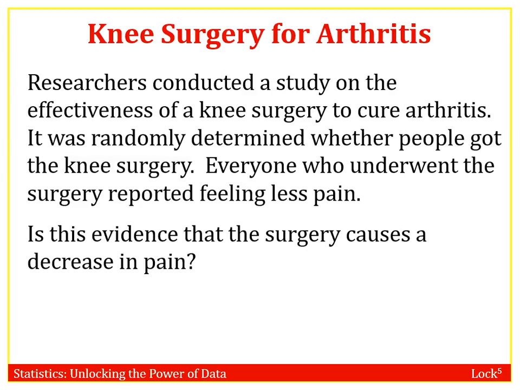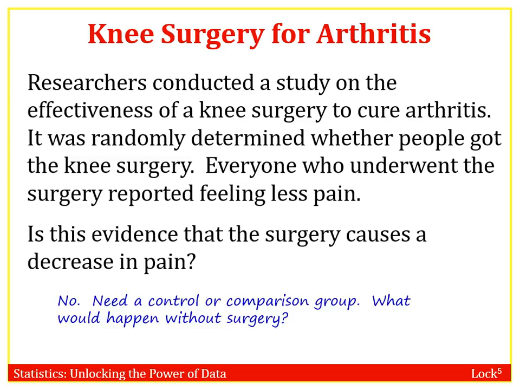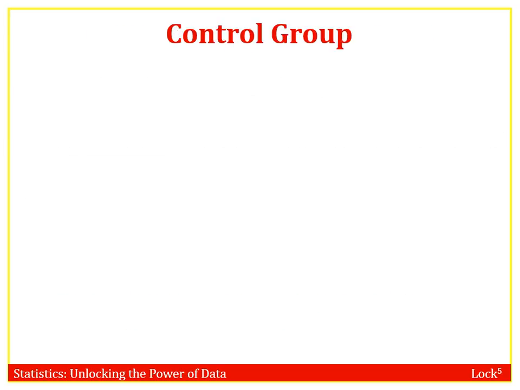So read through this. Is there evidence that surgery decreases pain? No, because there was really no control group. As in, do we have a group of people that were in a similar situation that did not have the surgery to be able to say, oh, the amount of pain the control group had compared to the amount of pain the people that had surgery had?